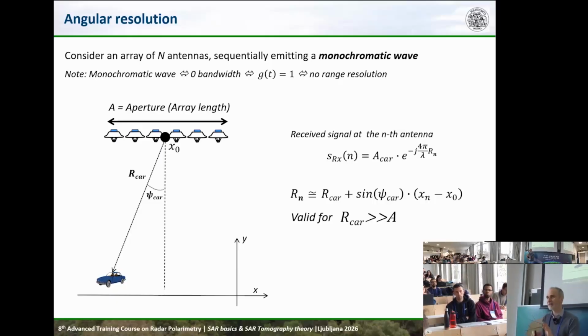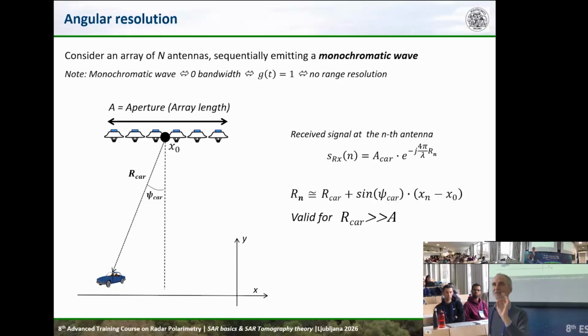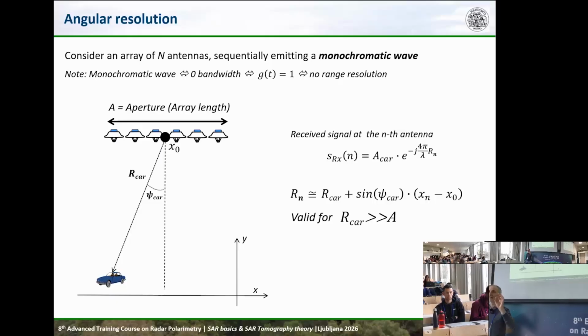But let's say that for your understanding and to accurately and intimately understand how you can get an angular resolution with a radar, this is more than enough. So it's true that it is an approximation, but don't feel that you are actually missing something. This is giving you 98% of the thing.